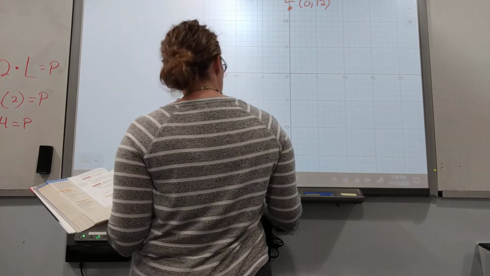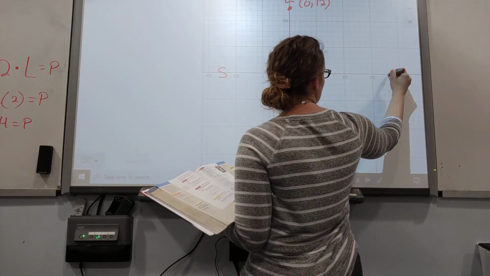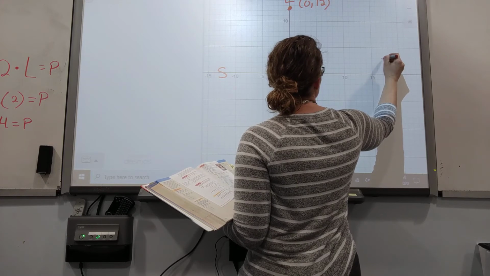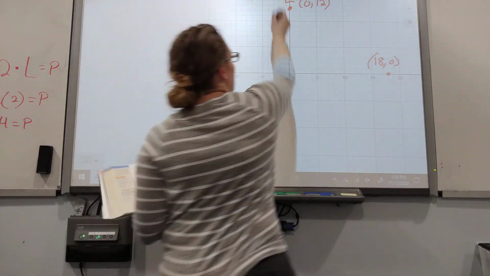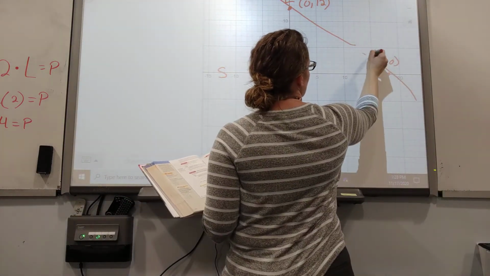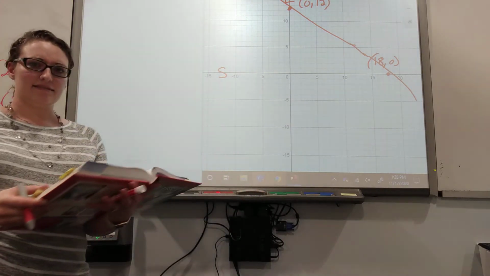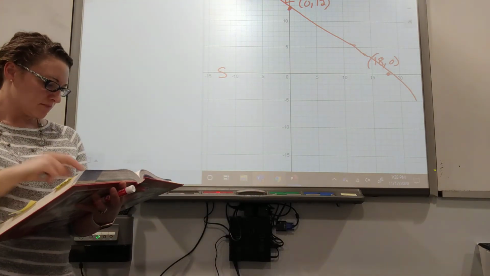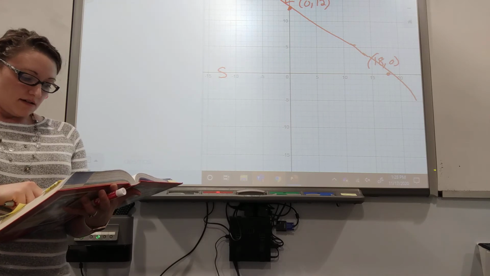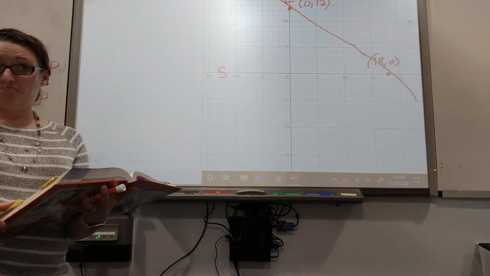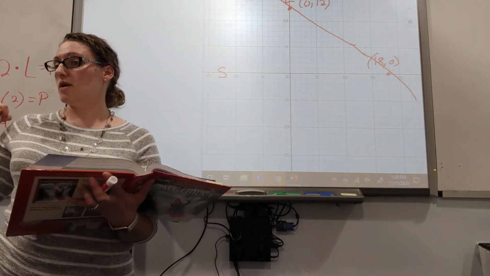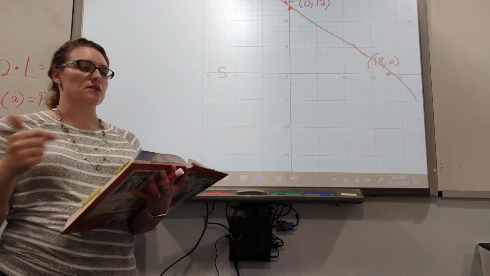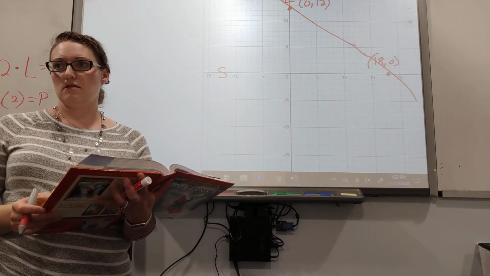And then we have S is 18. 18, 0, yes. All right, then we have the line that goes down. Any questions on that? Okay, so really it's just taking your information and putting it in the equation that we have, and then graphing the equations into lines and just doing stuff with the numbers that we have.